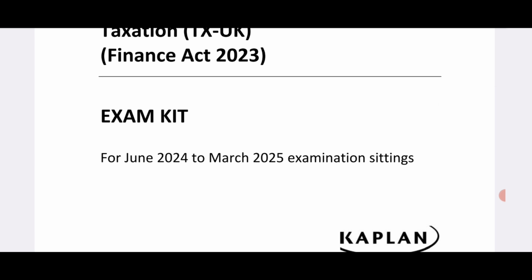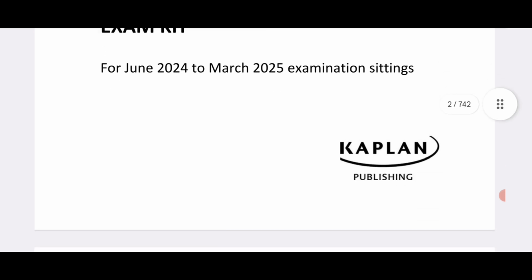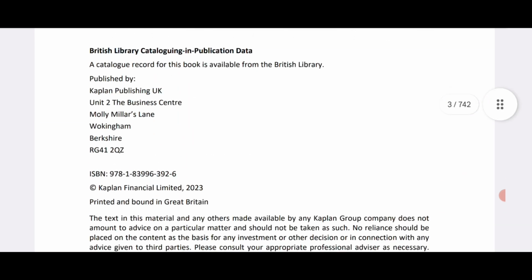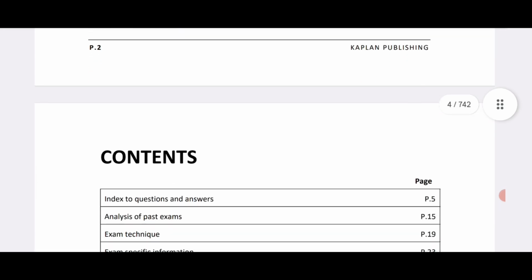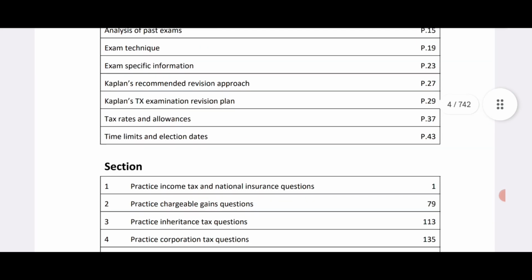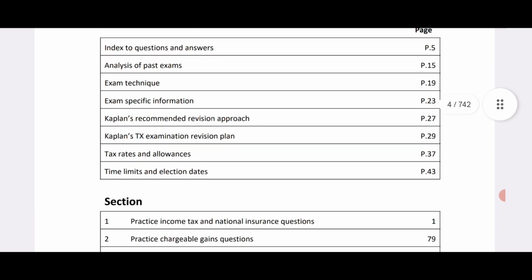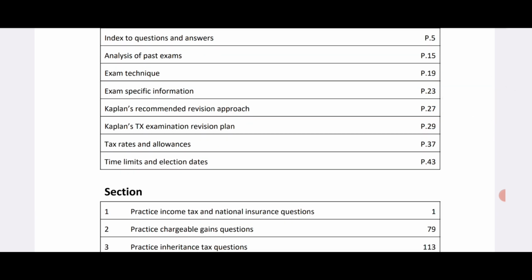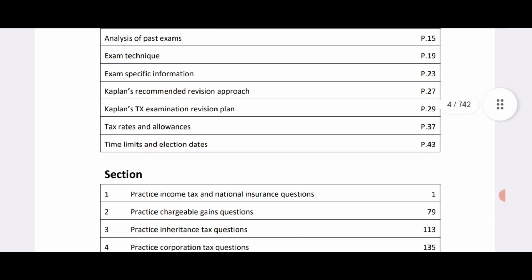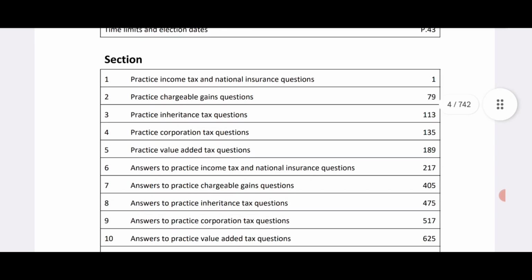Once you become a paid student for revision classes, all the material will be provided to paid members. The exam kit contains past papers of the last 5 to 10 years, provided by Kaplan, plus the solution of each question with all details.